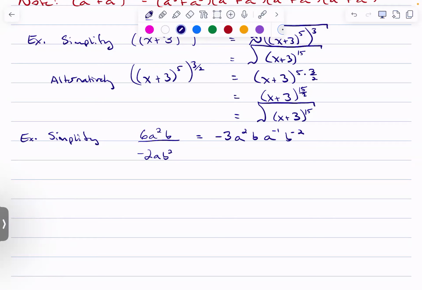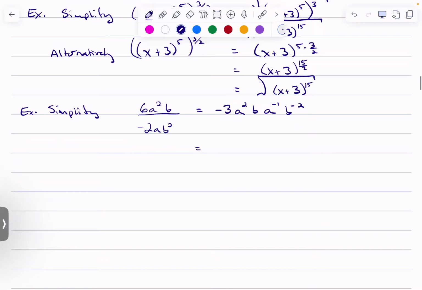This is probably a slower way than if you're comfortable just lumping your A's and B's together, but we'll get to the same spot. So now they're all in the numerator, which is usually where I want to be for simplifying stuff. Now I'm at -3, and I want to collect my A's together and my B's together. So I have a squared plus -1 times b.